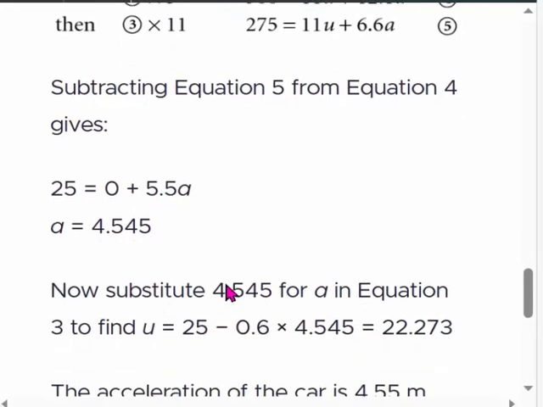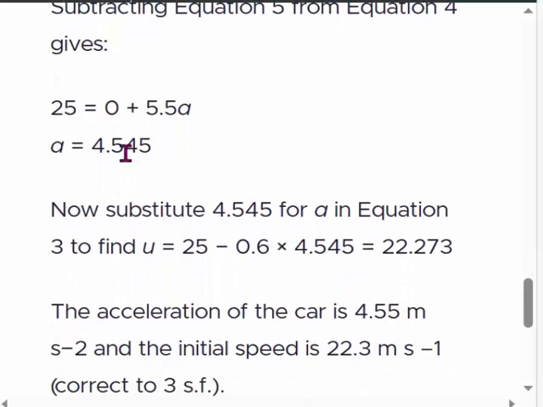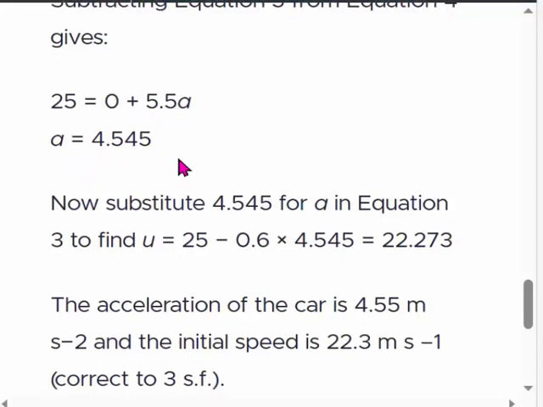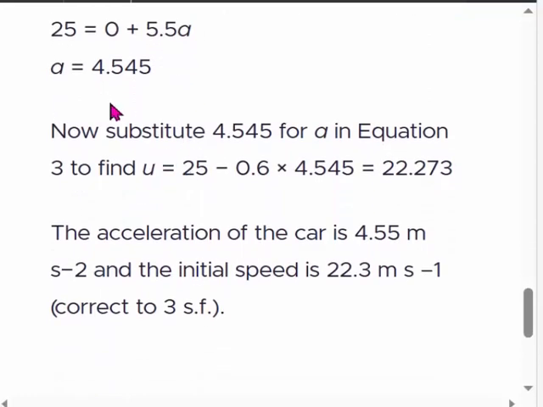So we got an equation only with the unknown a. We can find a by dividing both sides by 5.5, so a is equal to 4.545. Now we know the acceleration. Now we substitute the acceleration 4.545 for a in equation 3.